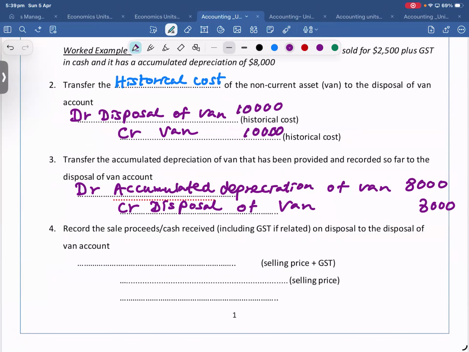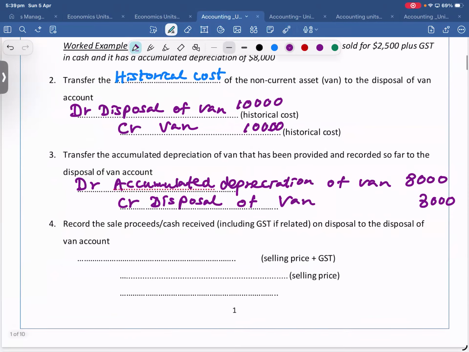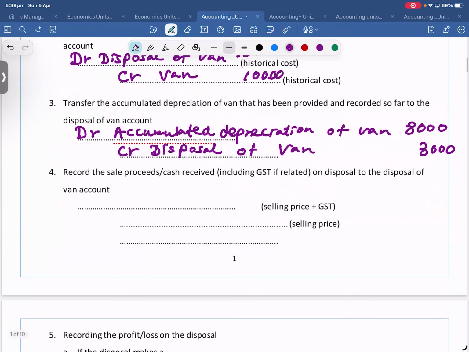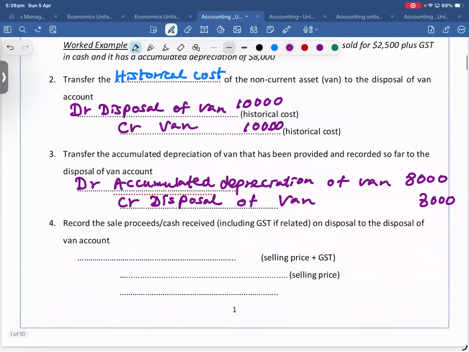It just exists. It will come and then next minute it will be gone. It's just there to hold the temporary value before you get rid of it. Like P&L summary. Okay, all right, guys. 8,000. We are crediting the disposal. Any questions up to now?